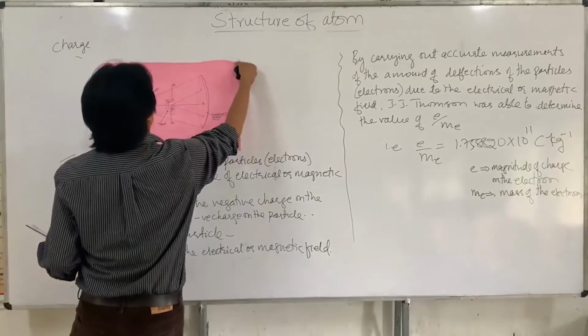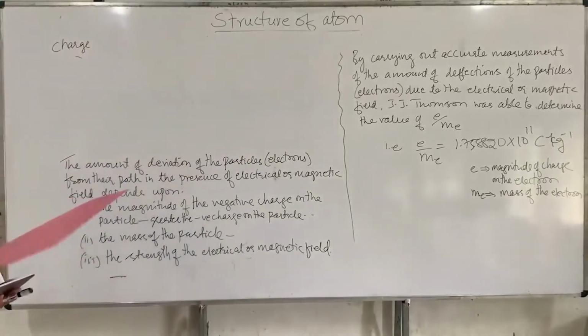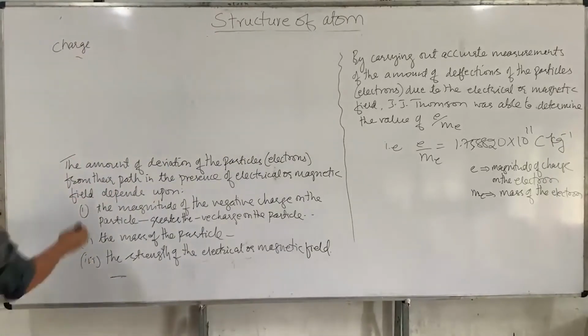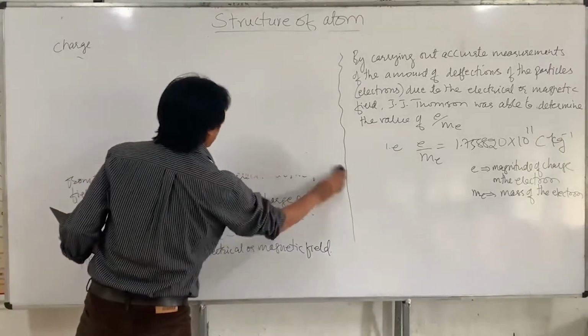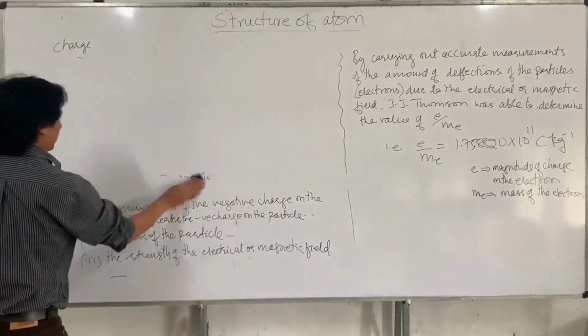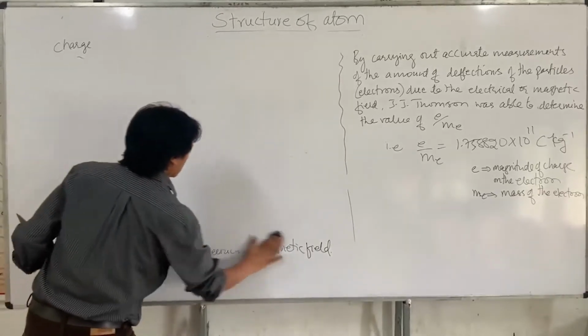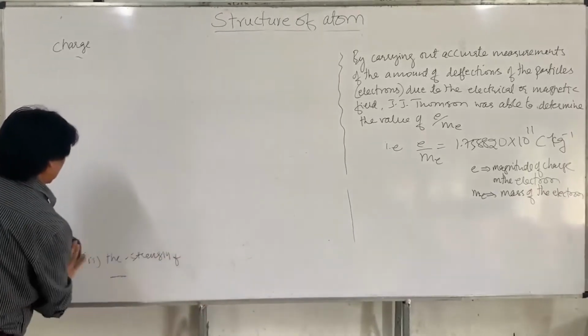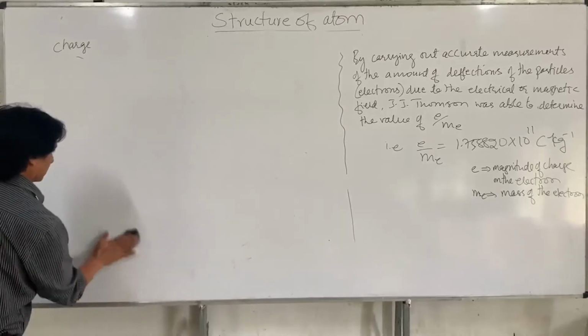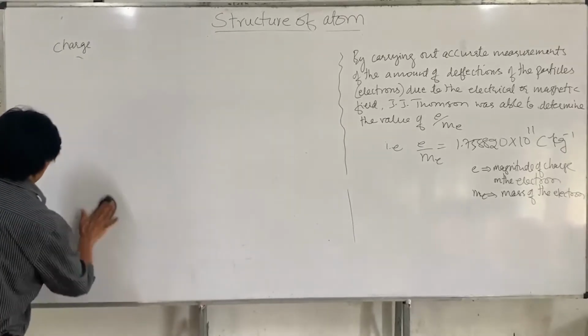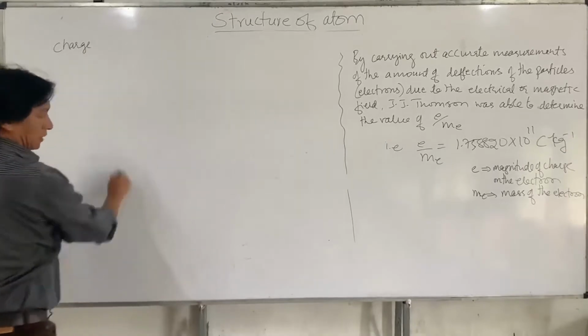Now, in fact, it was discovered by a scientist named R.A. Millikan. So Millikan was a scientist who found the charge on an electron.